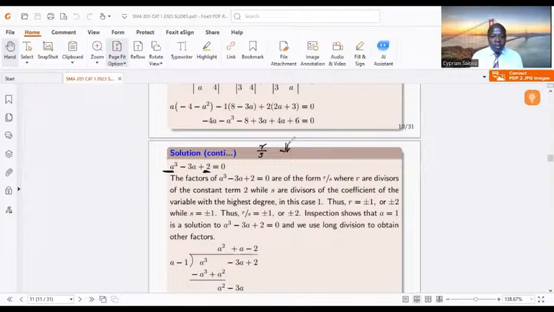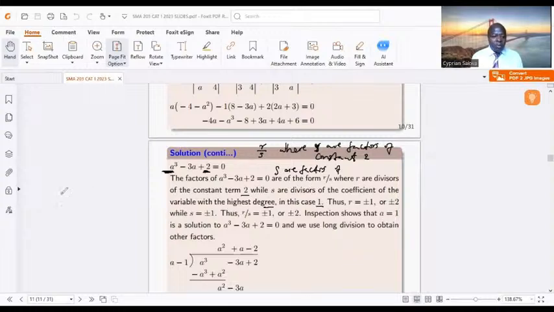The factors of this equation are in the form r over s, where r are divisors of the constant term 2, while s are the divisors of the coefficient of the variable with the highest degree. In this case, the variable with the highest degree is a, so its coefficient is 1.